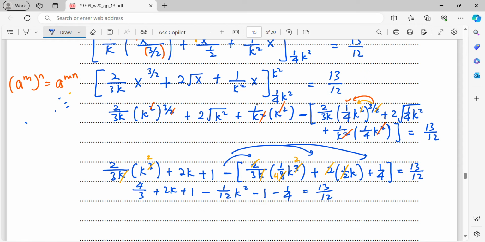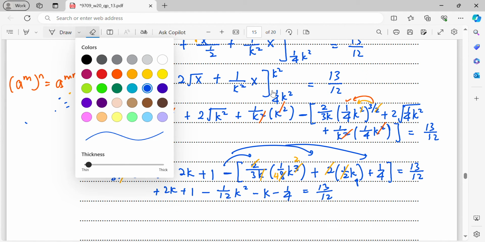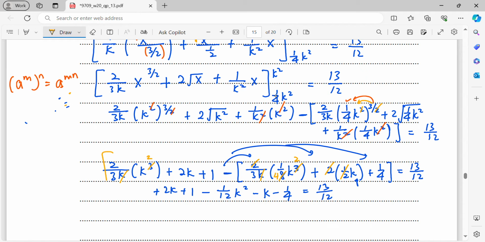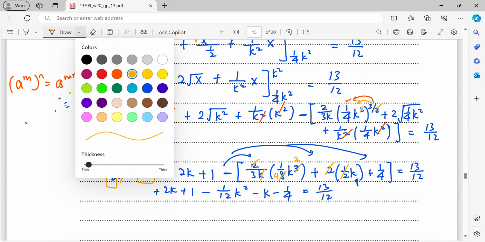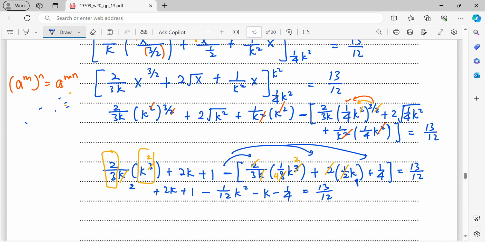Okay, I missed out. This is k. So this one should be k. And okay, mistake for the first term. Here, 2 over 3, this is k squared. Right? So 2 over 3 k squared. Now I will simplify.